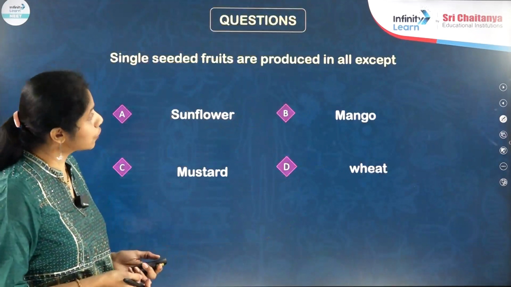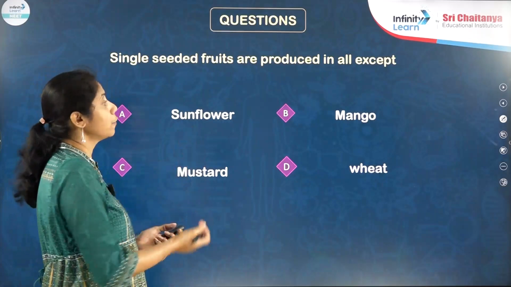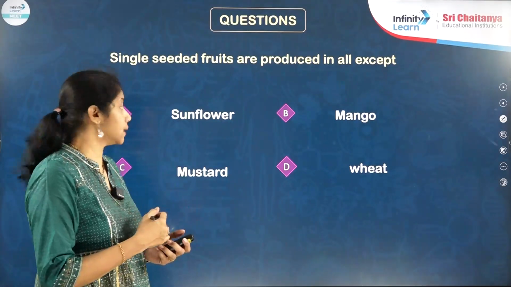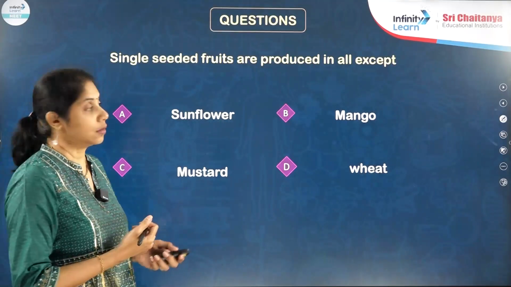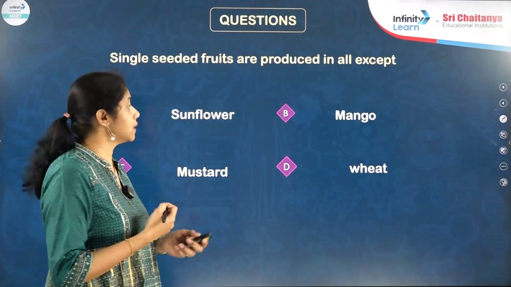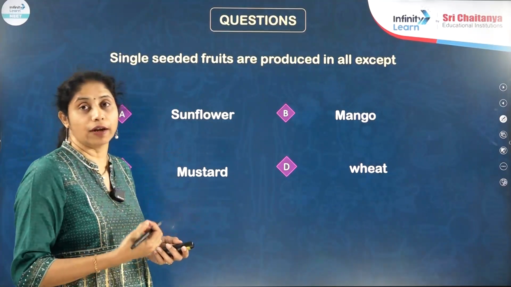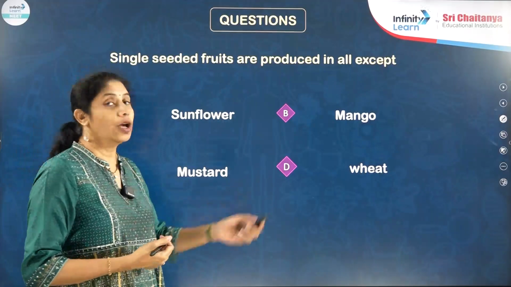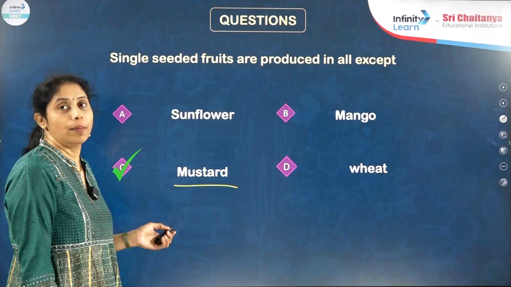Single-seeded fruits are produced in all except in these. Single-seeded fruits are present, but you have to find out the one which is not showing single-seeded fruits: sunflower, mango, mustard and wheat. Sunflower will be showing one seed, mango one seed, and then mustard: several seeds will be there in one fruit because the seeds are attached to the replum, the false septum. Wheat has only one. So the correct option would be mustard.